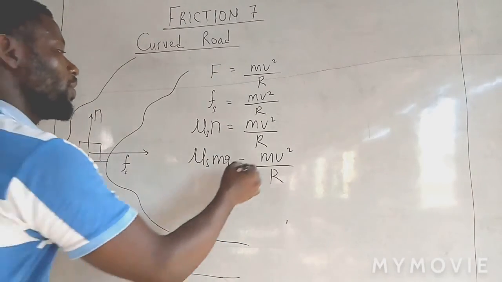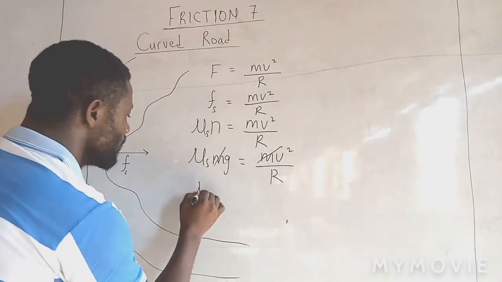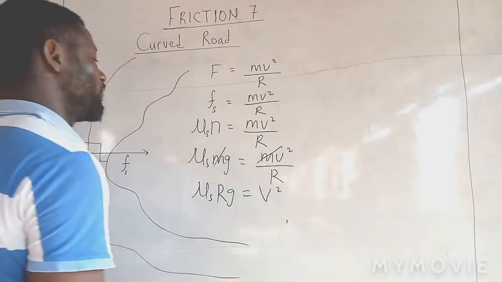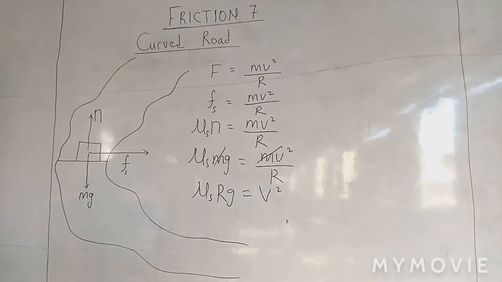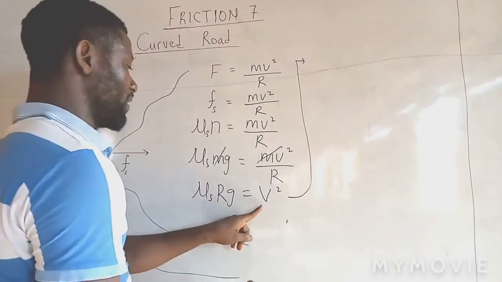Alright, so mass will cancel mass, and we have mu s rg is equal to v square. So from here now, we can calculate the value of v.